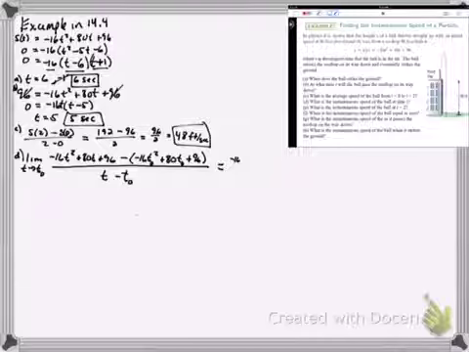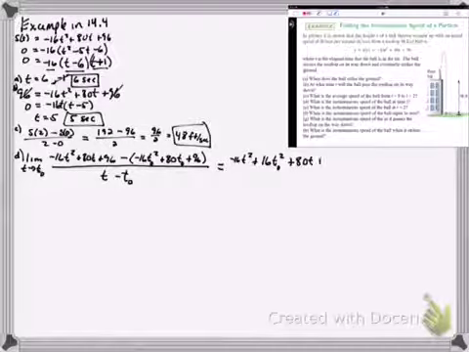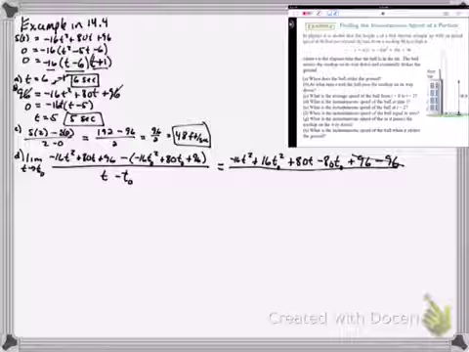So negative 16t squared, plus the 16 t sub 0 squared, and then the 80 t's, and then the 96's, which, that's convenient, they just cancel right out. And I still have the t sub 0 there.